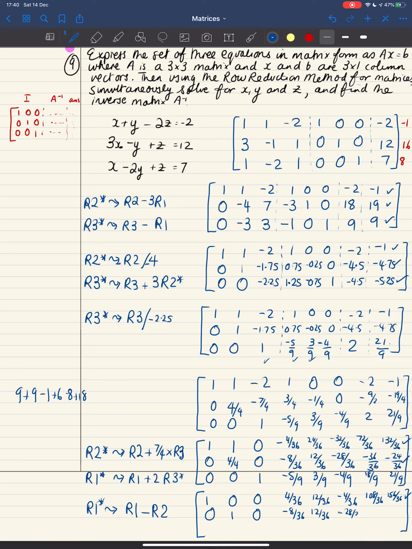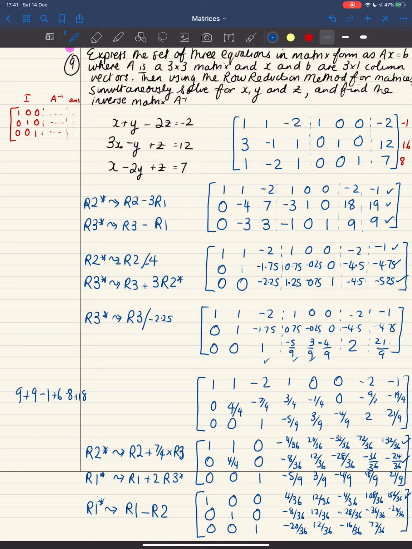Minus 28/36, minus 36/36, minus 24/36. 0, 1. Right, these are making to 36 as well. This is minus 20 over 36, 12 over 36, minus 16 over 36, 72 over 36.